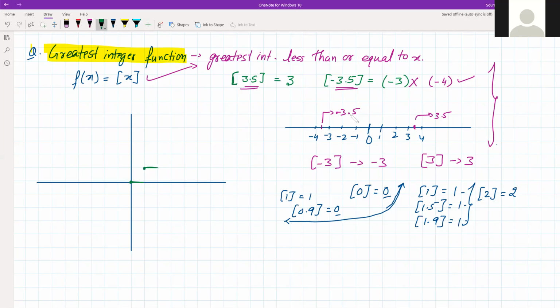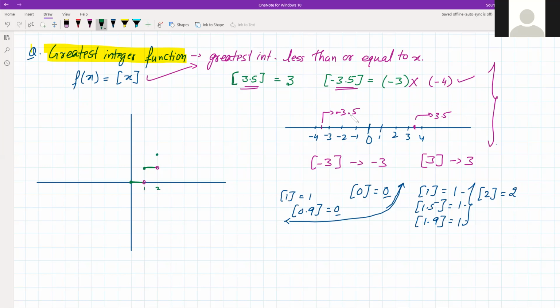And again at 2, this is 1, this is 2. So at 2 it won't be 1.